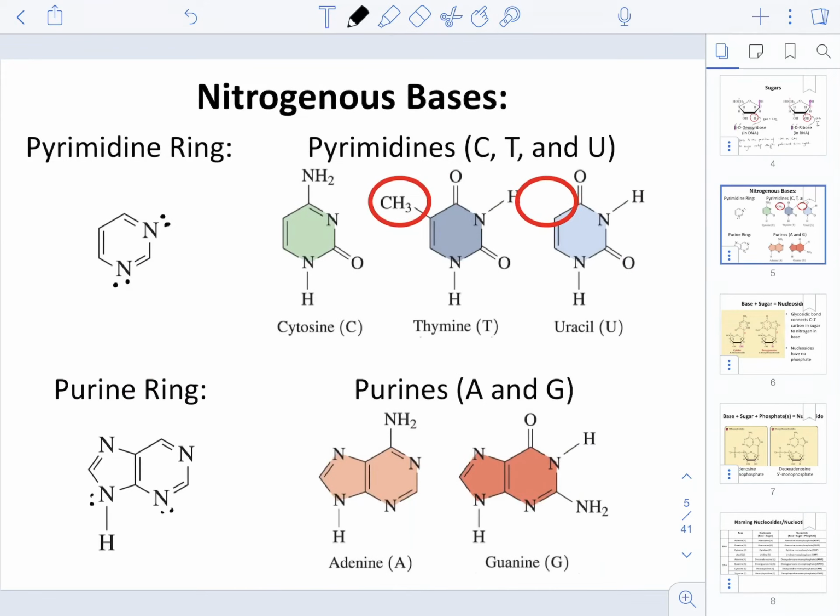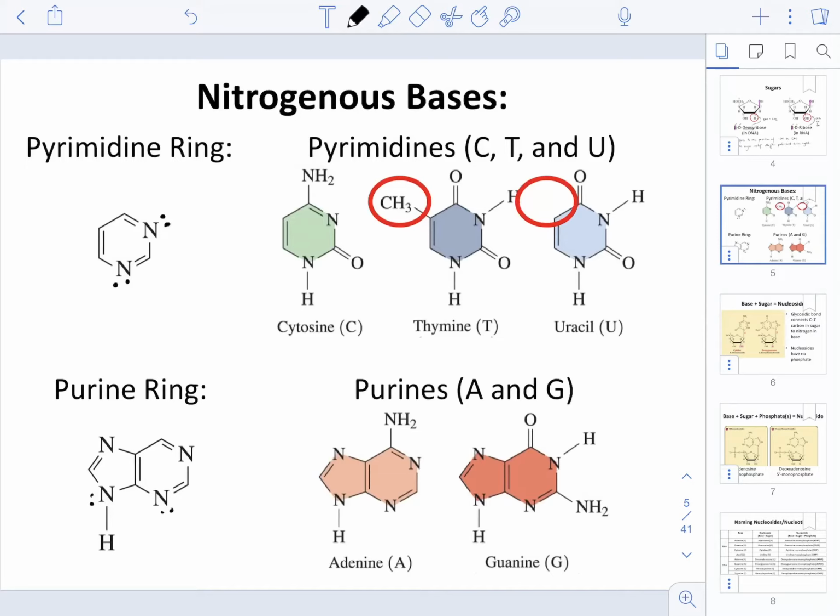We already explored the different nitrogen bases that are found in DNA and RNA. Now let's look at them in terms of their structure. When it comes to the nitrogen bases, we can separate them into two different classes. Some nitrogenous bases are going to have a pyrimidine ring, and some nitrogenous bases are going to have a purine ring. As you can see, the nitrogenous bases that contain a pyrimidine ring they are going to be cytosine, thymine, and uracil.